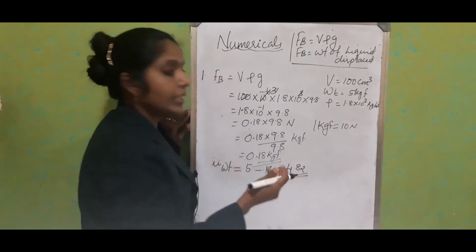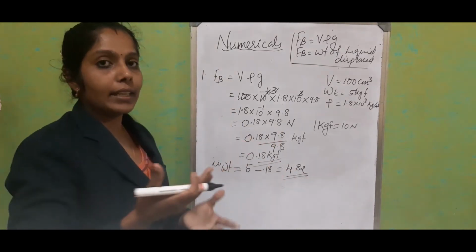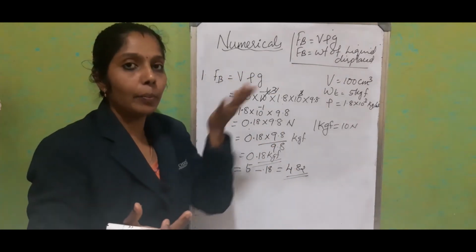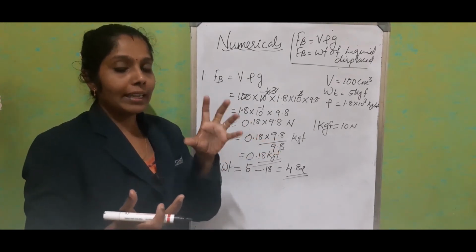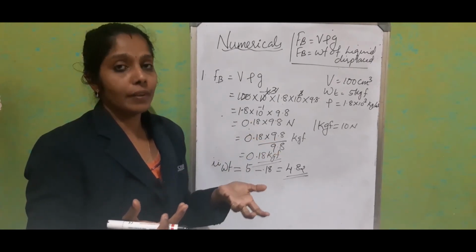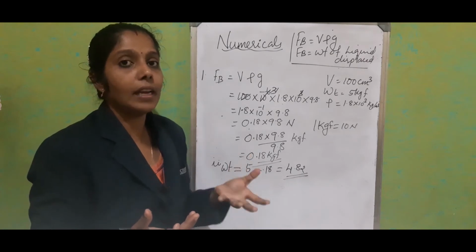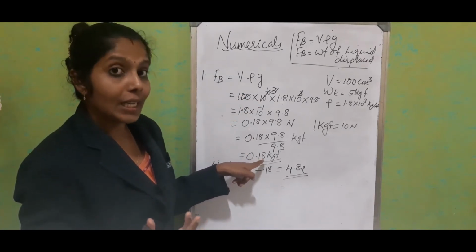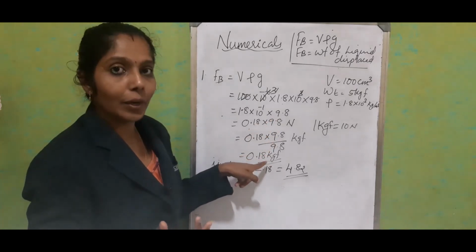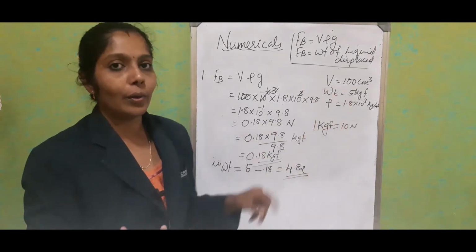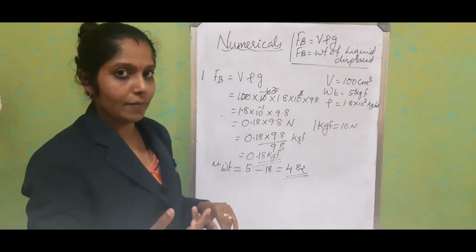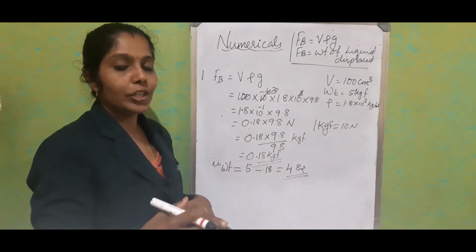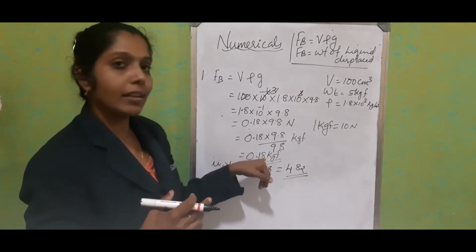that is equal to 4.82. We know that the upthrust will be acting in the upward direction, so automatically that much weight loss we feel. The weight loss we feel is equal to the upthrust. So this is the upthrust in kilogram force. That's why instead of Newton we found it in terms of kilogram force, because this is already given in kilogram force. In the entire session we are going to use this equation.